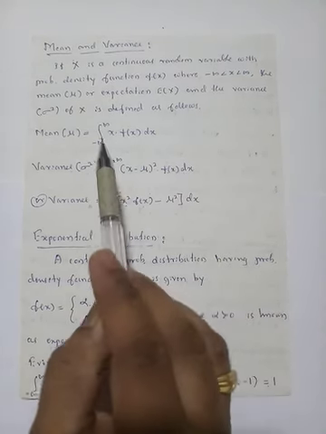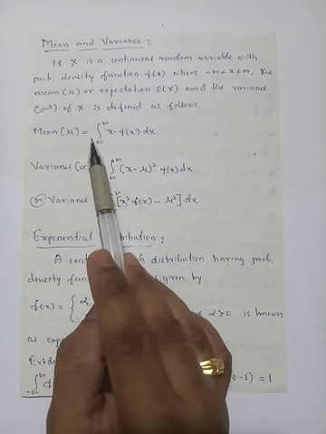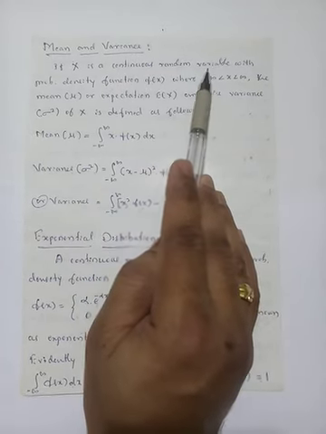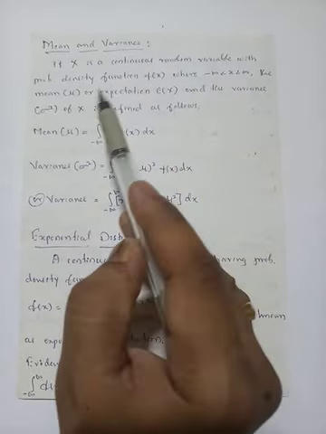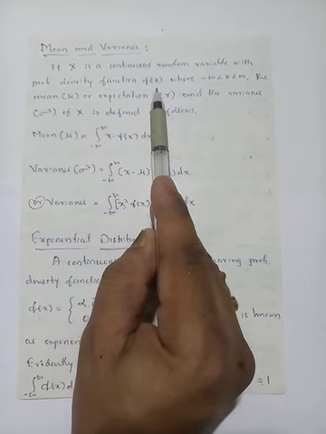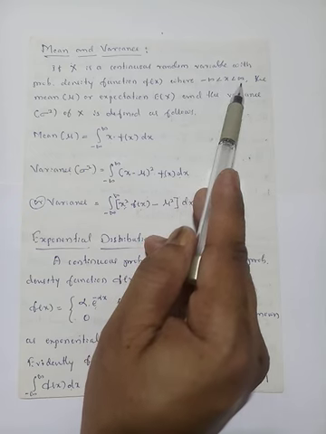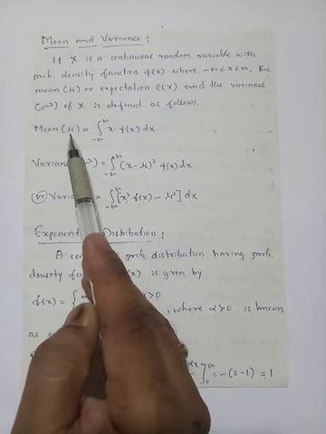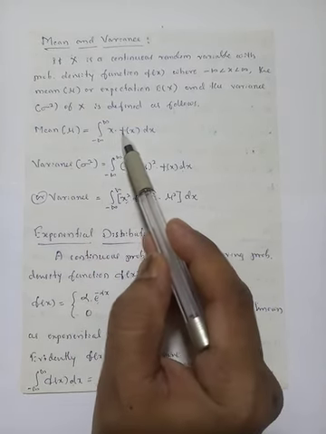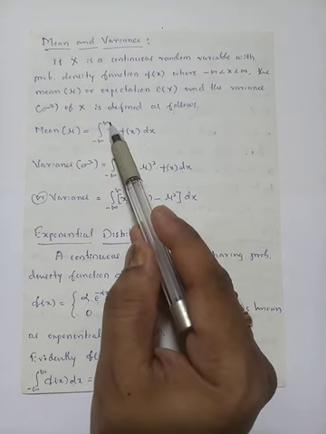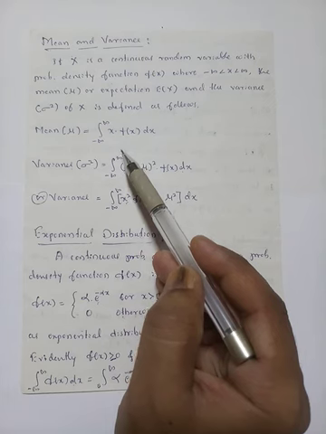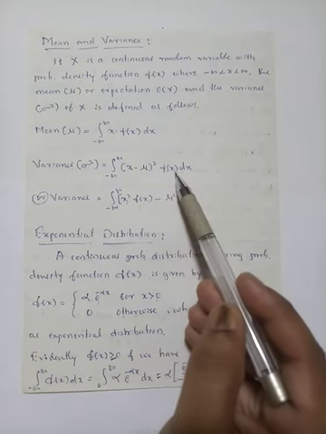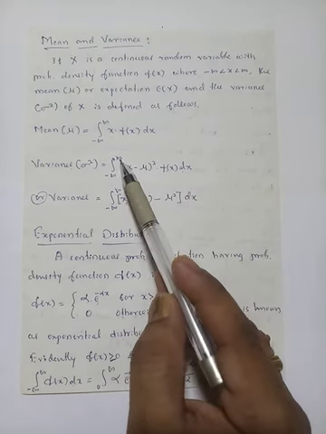Here, if x is the continuous random variable with probability density function f of x, where x lies between minus infinity to plus infinity, then the mean mu is defined as the integration of x into f of x dx between the limits minus infinity to plus infinity, and the variance is given by the integration of (x minus mu) whole square into f of x dx between the limits minus infinity to plus infinity.